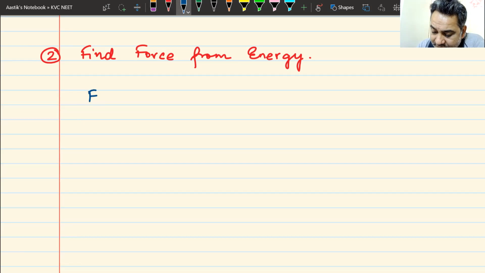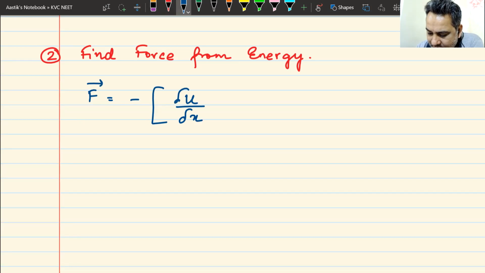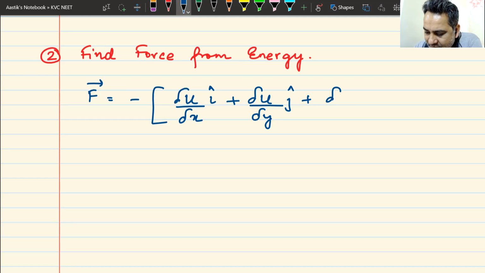F vector is minus of, I'm going to write something which might sound Hebrew to you, del u by del x i hat plus del u by del y j hat plus del u by del z k hat. Now this del, we have seen derivatives.